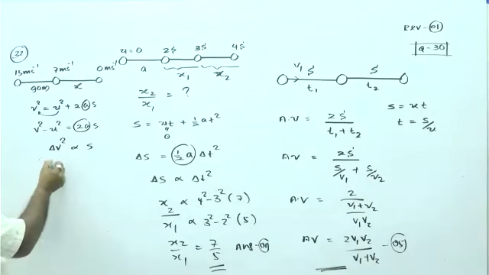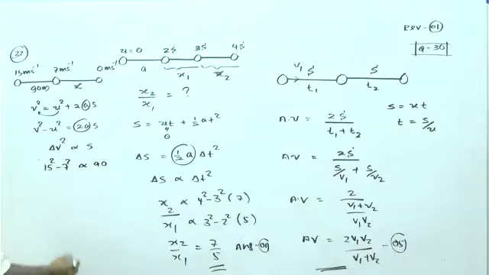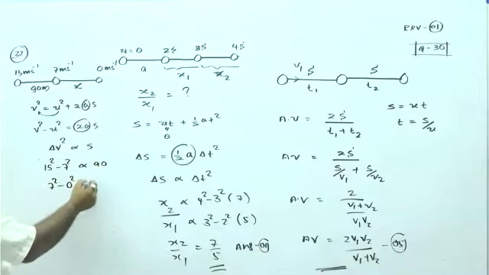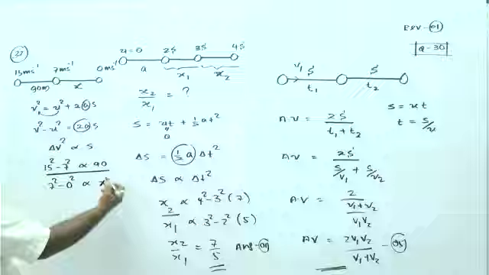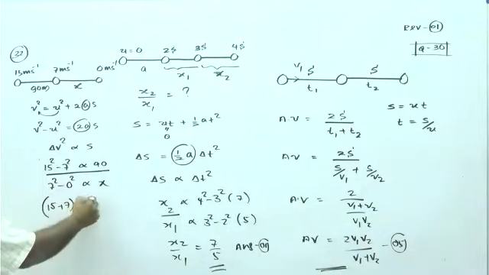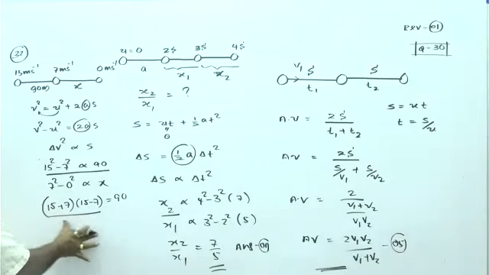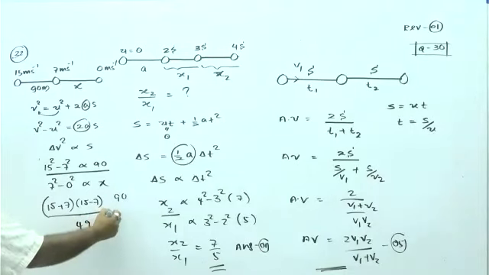Here to here, 15 squared minus 7 squared is proportional to 90. Then what about 7 squared minus 0 squared proportional to x? Divide each. 15 plus 7, 15 minus 7 equals 90. Here, 7 plus 0, 7 minus 0, it's 49 now. That's 49 equals x, no?